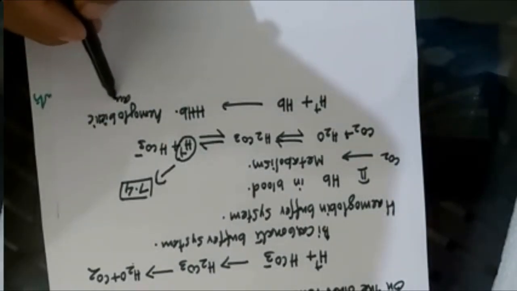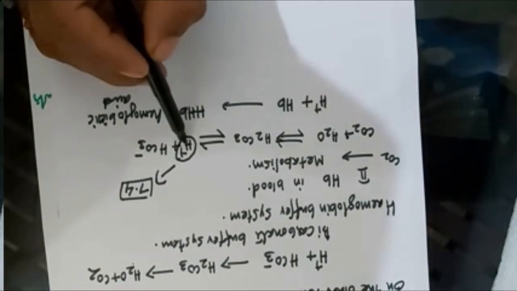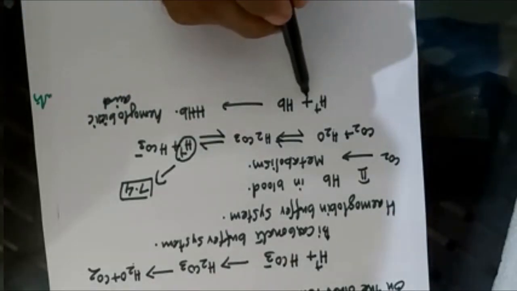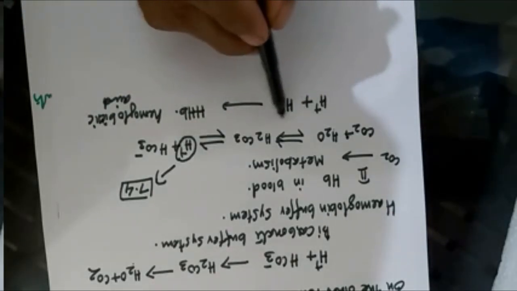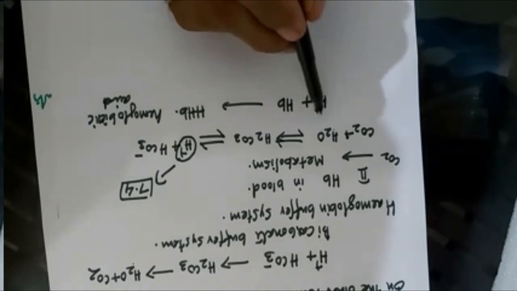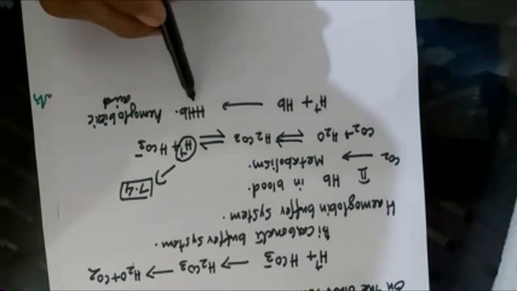So the extra effect of H+ ions is reduced by accepting this H+ ion by the hemoglobin. This hydrogen ion is accepted by the hemoglobin present in the blood to form what? Hemoglobinic acid. Okay.